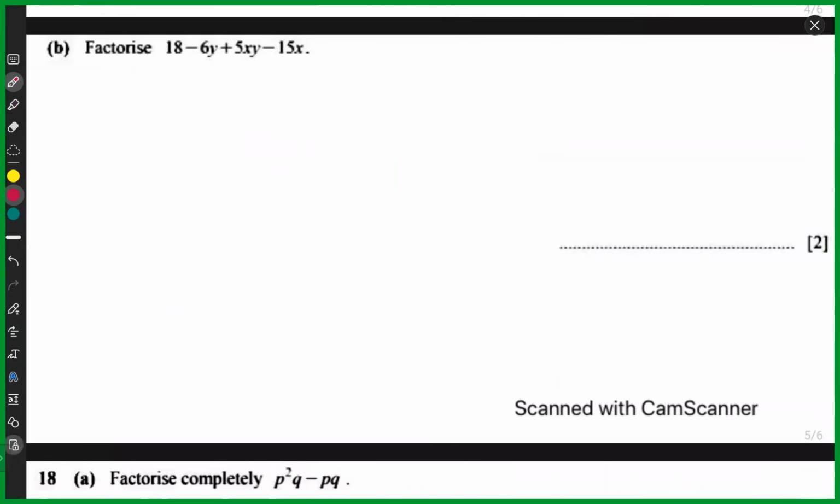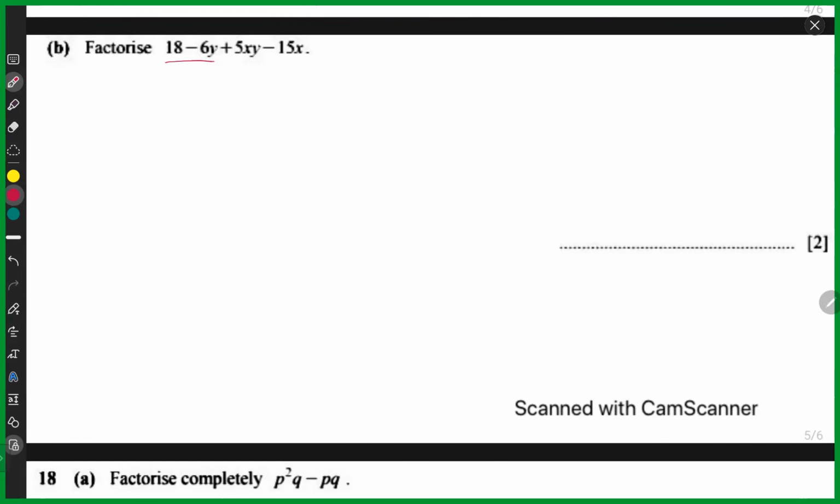It says factorize 18 minus 6y plus 5xy minus 15x. So in order to understand this, again, I cannot take something that's coming common in all the numbers.